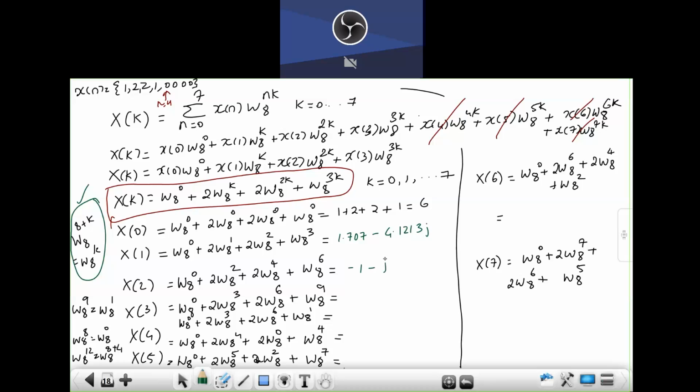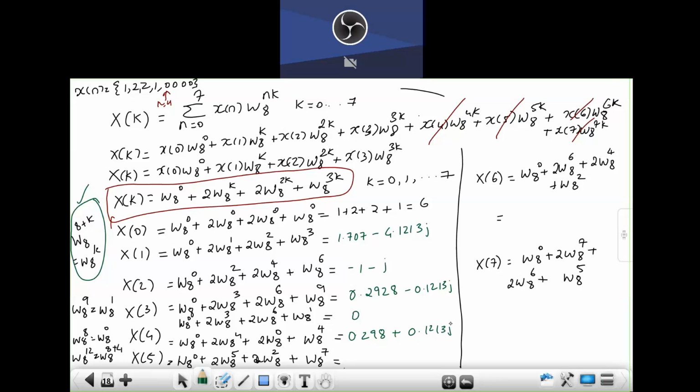So this is how you will be getting it, exactly to the decimal point. 0.2928 minus 0.1213J. Okay. X of 4 is 0.298 plus 0.1213J.